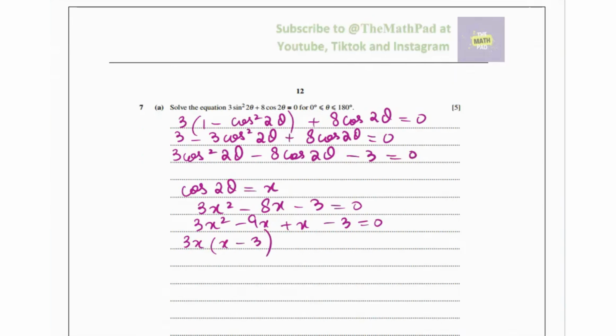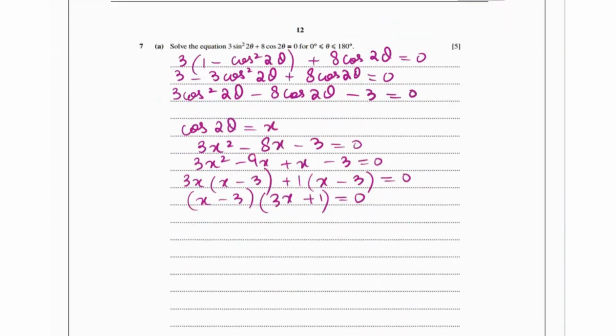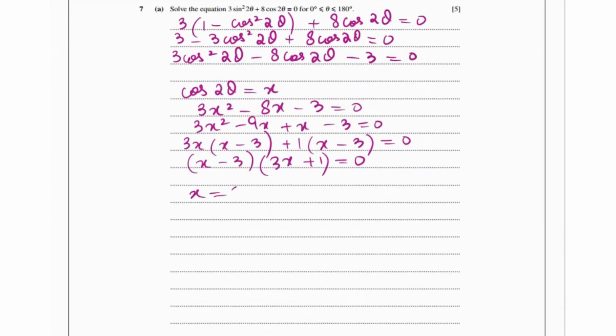And between x and -3, we have plus 1 common. X and minus 3. So x minus 3 bracket 3x plus 1 equals 0. x equals 3 and x equals -1 over 3. So cos 2 theta equals 3 and cos 2 theta equals -1 over 3.